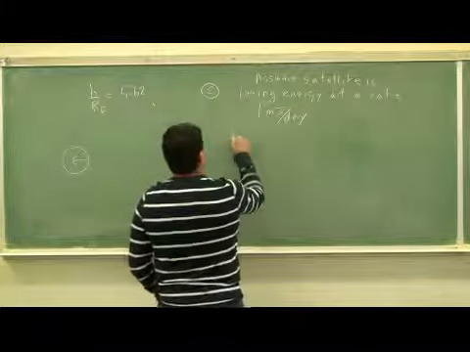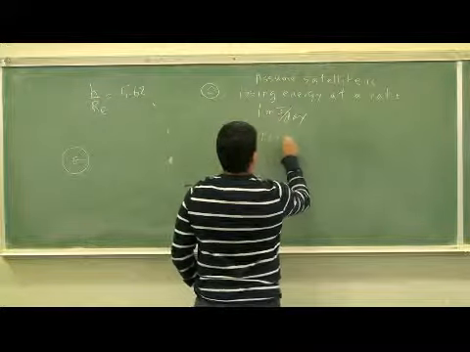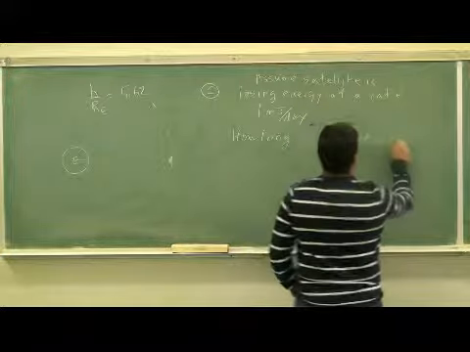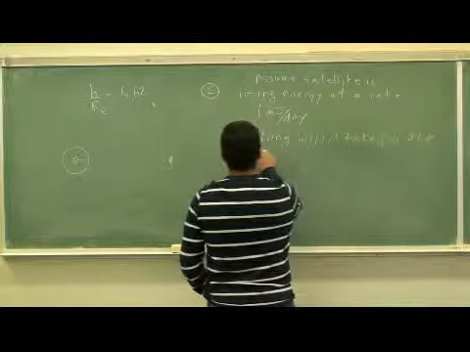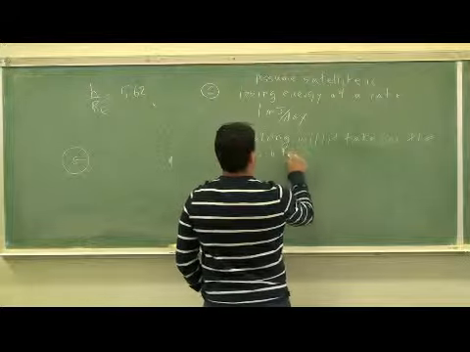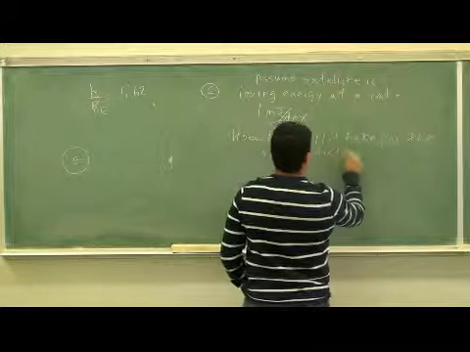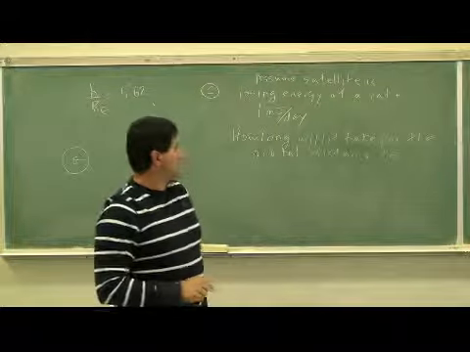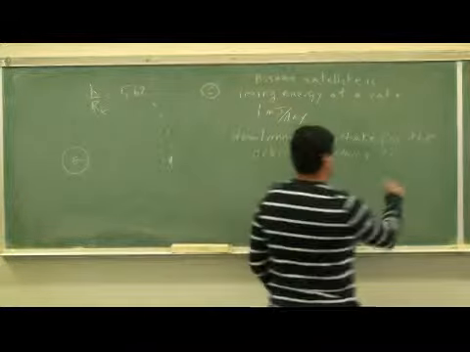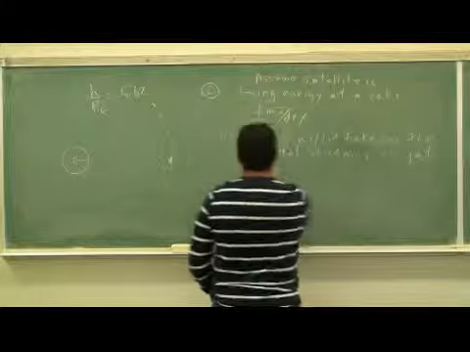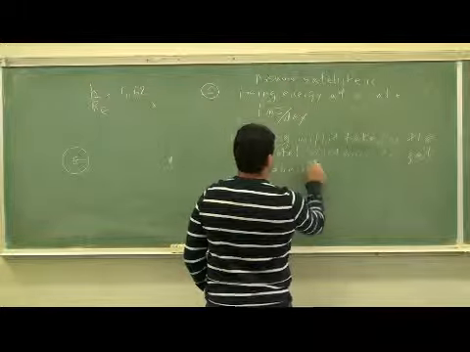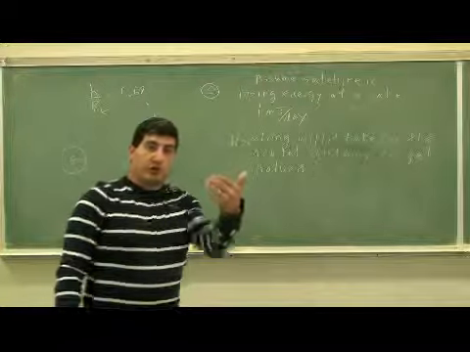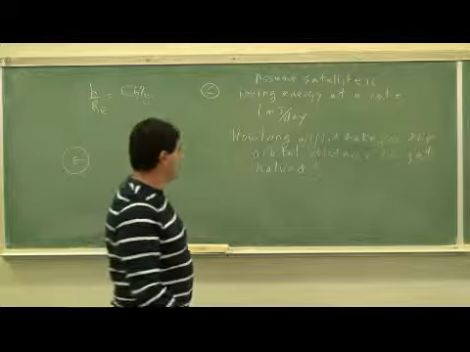How long will it take for the orbital distance to get halved? So half of whatever its original distance was.